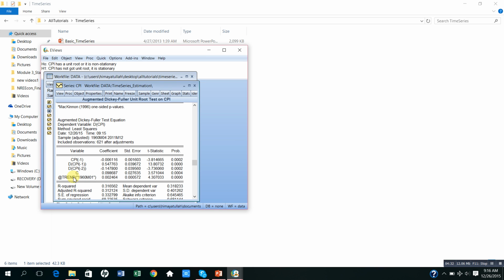If you look at the constant term, the coefficient is equal to 0.098. This is its standard error, this is its t-statistic, and its p-value shows that it is highly significant. Similarly, the trend term also shows that it is statistically significant. So I have made the right choice in using both the constant term as well as the trend term.